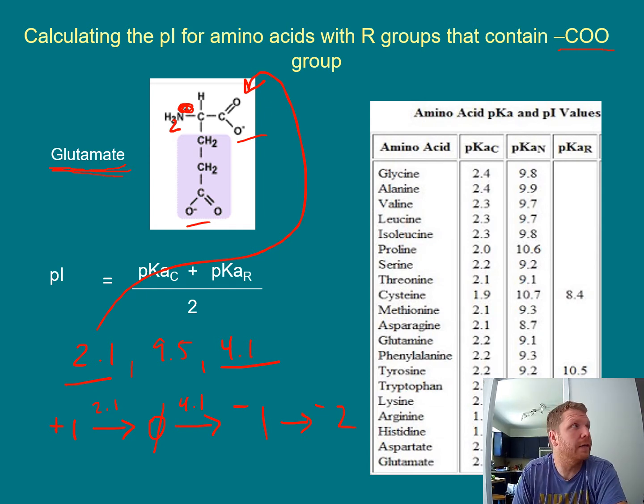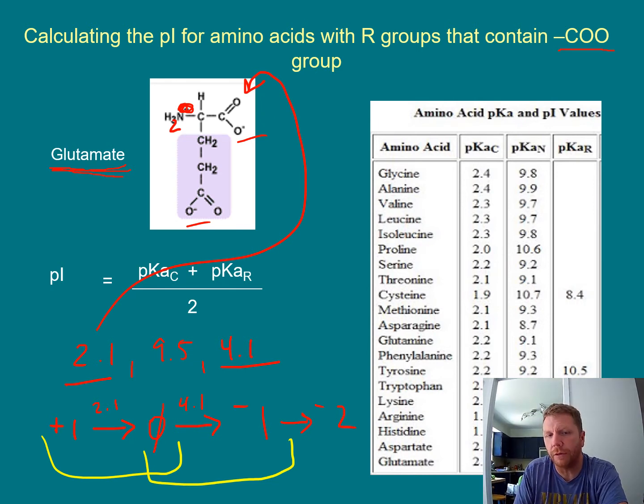Those 2 pKa's give me my range from +1 to 0 and 0 to -1.